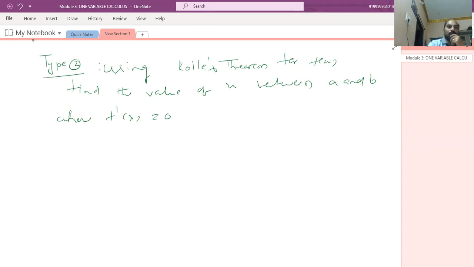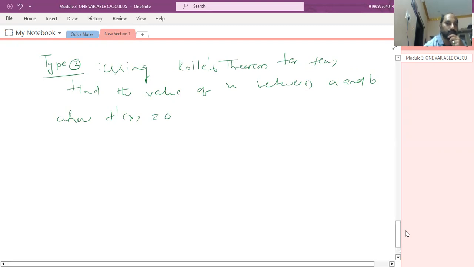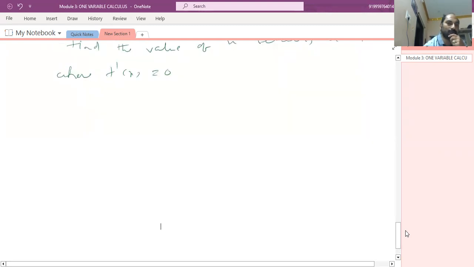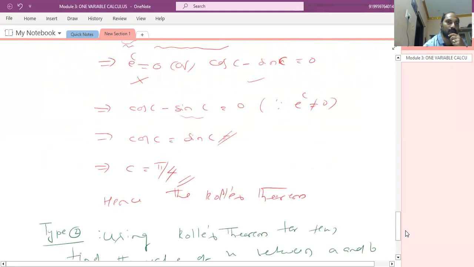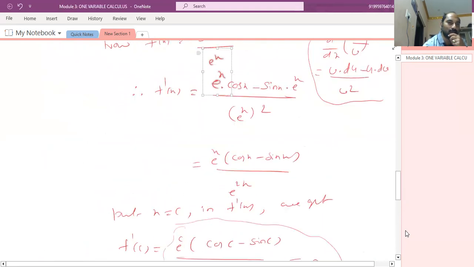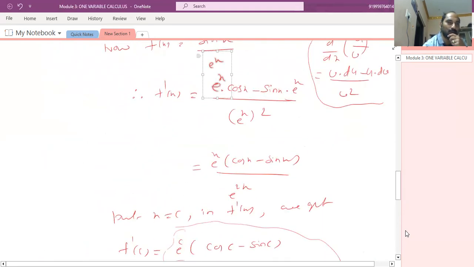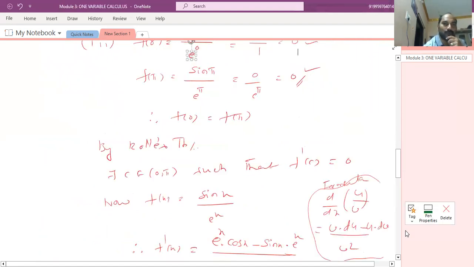Here we take one more problem regarding this concept. Very easy. In the previous problem you saw, in the same problem, they may ask this model. That time no need to write all the steps. From here onwards, you can write down: by Rolle's theorem, there exists a point c between 0 and pi such that f dash c equals 0.